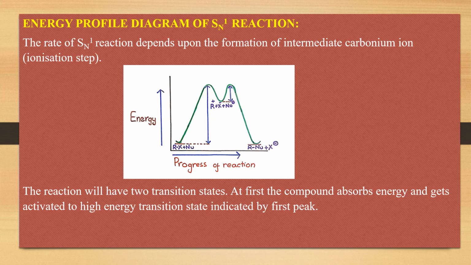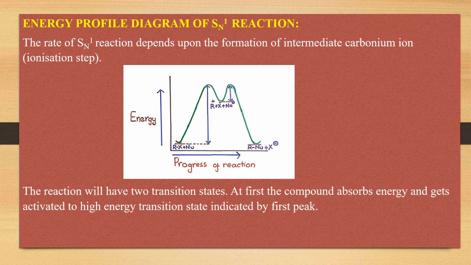It depends on the formation of the carbonium ion, which is the intermediate compound; this is called the ionization step. That is the slow step or rate determining step. Look at the diagram, students.